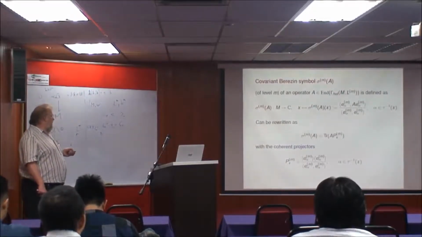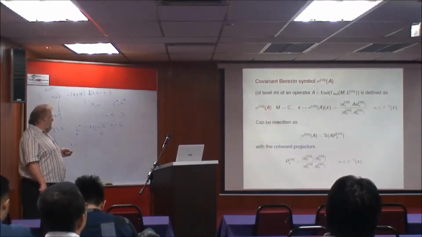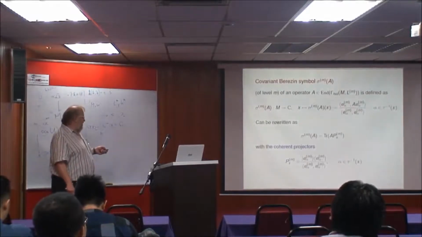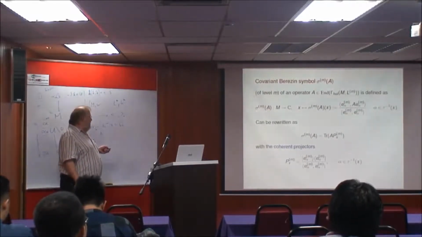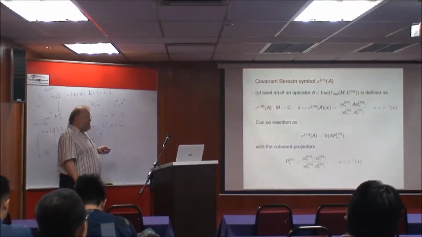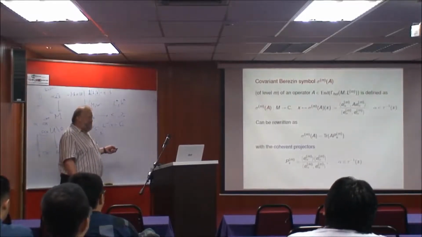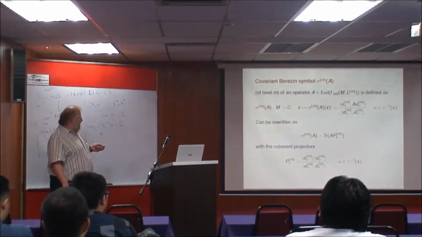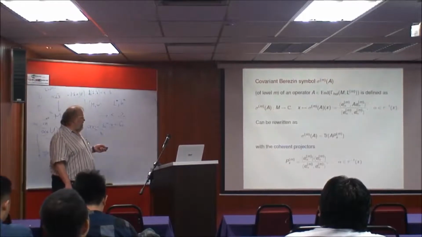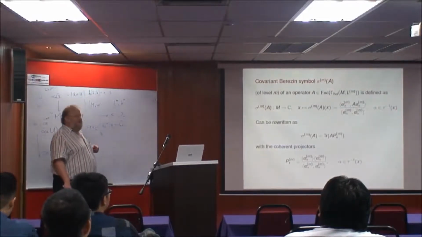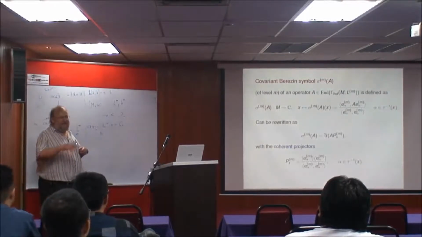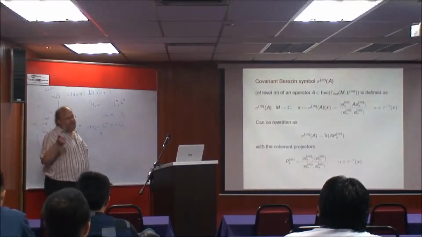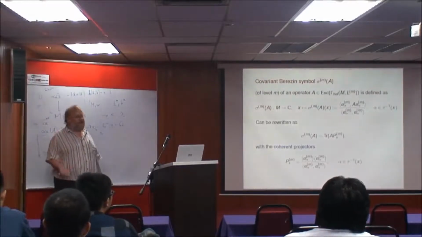And now the covariant Berezin symbol is defined in the following way. We have this coherent state E alpha M. The symbol should be a function on M, so we have the X, and now this is defined in terms of the coherent state. What we do first, we choose an arbitrary element alpha which lies above this X, with one exception: we don't want to choose 0, because we have to exclude it.